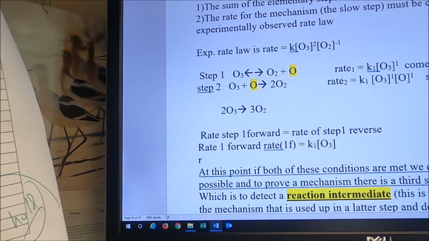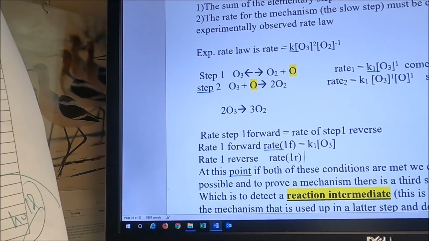Rate 1 reverse, 1R for reverse, is equal to k1R times the concentration of O2 times the concentration of O.